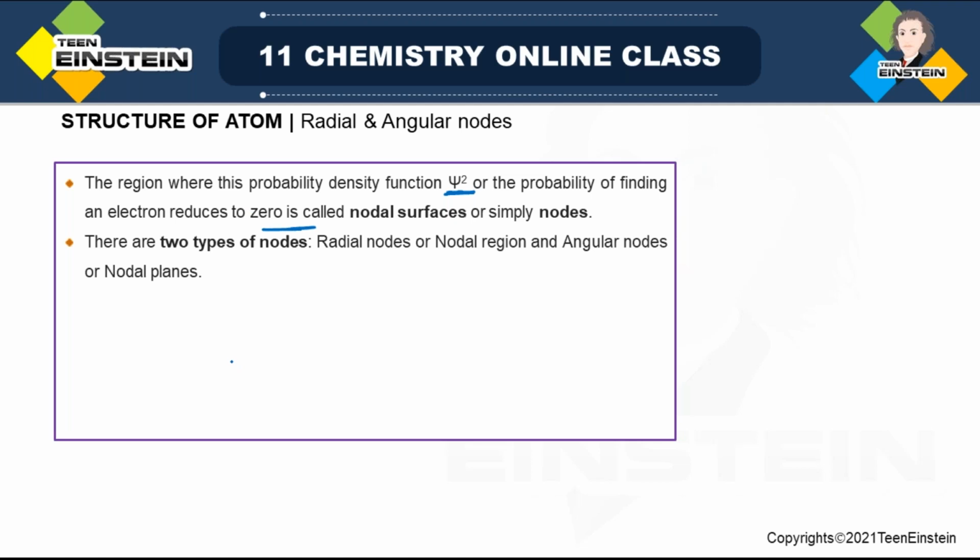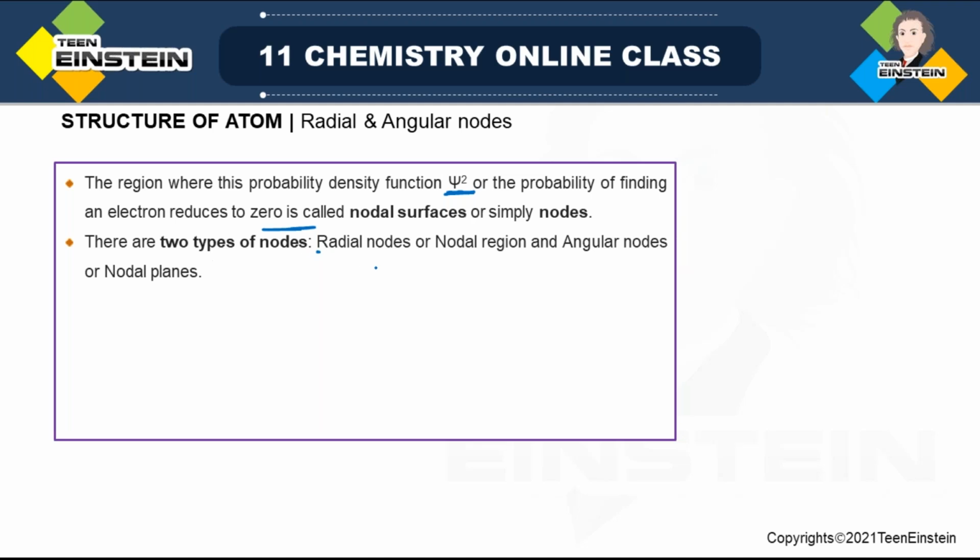Nodes may be of two types. When you have seen the plots of radial probability density psi square or 4 pi r square psi square, when the curve touches the x-axis, that is at that r distance from the nucleus, it is denoting a radial node.